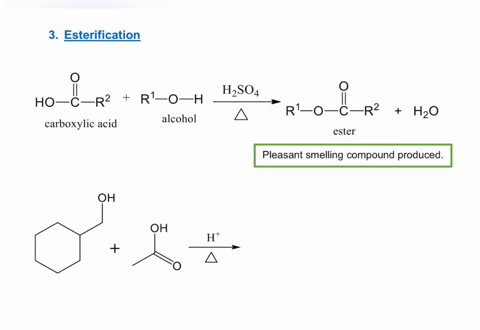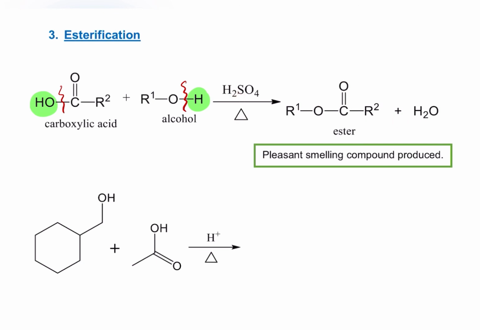Let's continue with esterification, where you have your carboxylic acid reacts with alcohol. In this part, you will do the bond cleavage. For carboxylic acid, you will lose the OH group here, and for alcohol, you will lose hydrogen here. And everything you will combine together from this end with this end. So you will have your ester as your product when you react with condition hot and sulfuric acid.